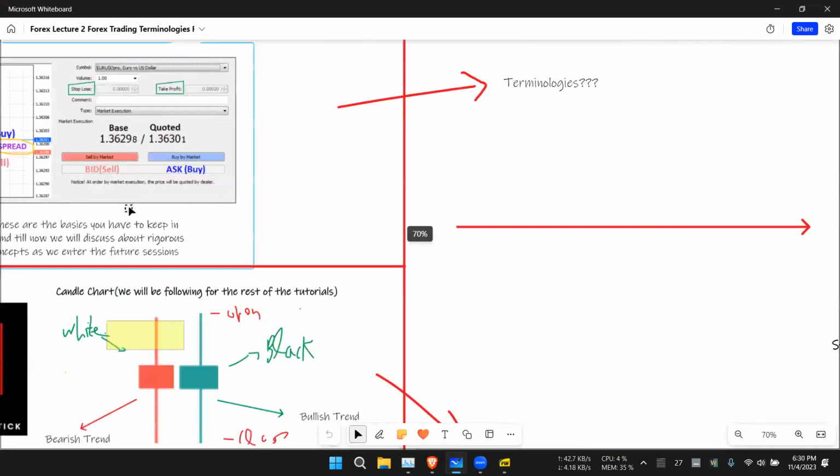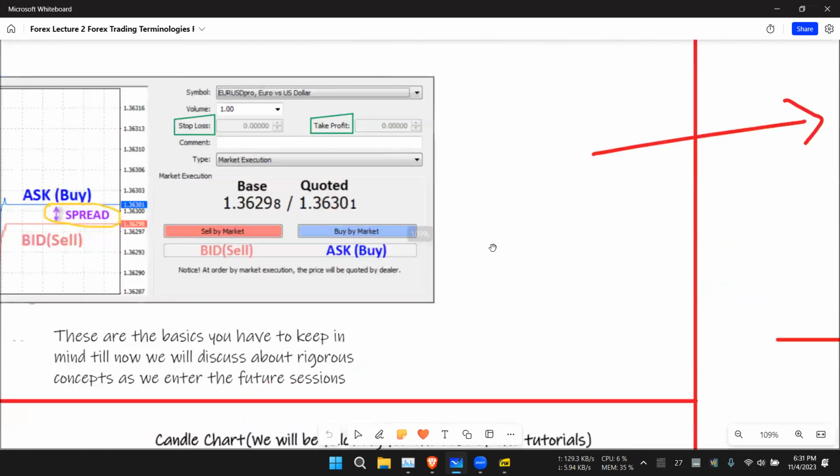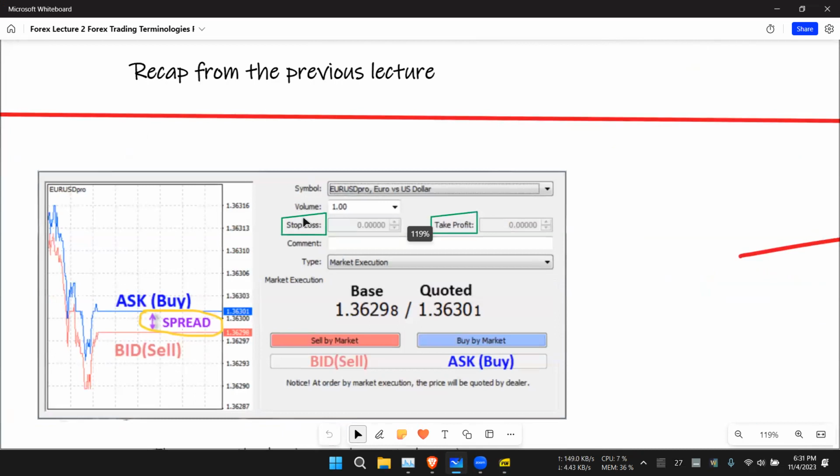If you look closely, Chris, there are a couple of things written here. When we buy or sell in MetaTrader, you can see these terminologies written here, right? Stop loss, take profit, I have highlighted in this green part. We already know about the symbol, like EURUSD, the chart symbol.